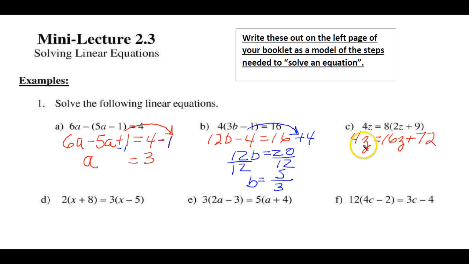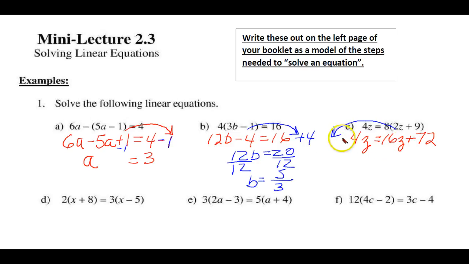Now, here, since the 72 is already on this side, where normally I want to keep my variable positive, you can do it either way, but we're going to transpose the 16 to this side.